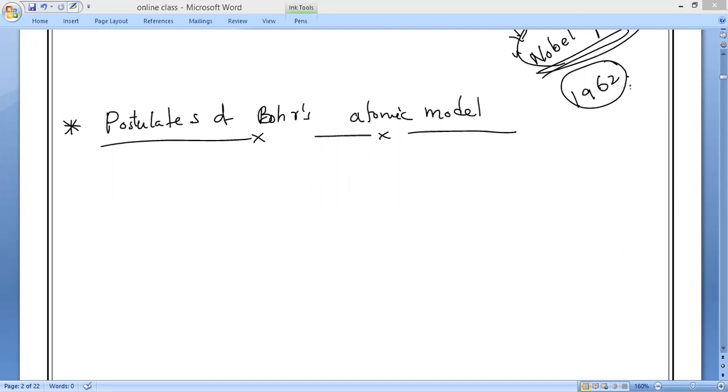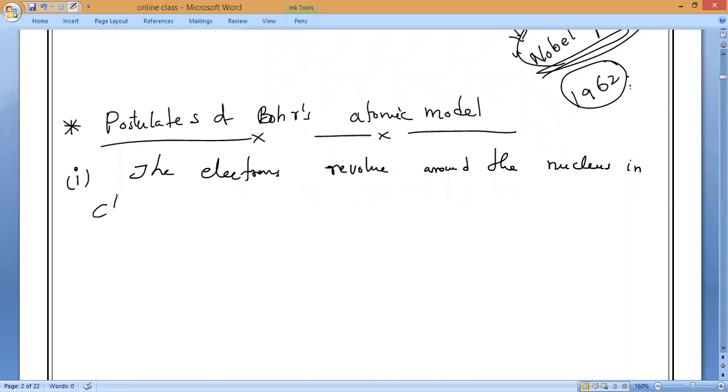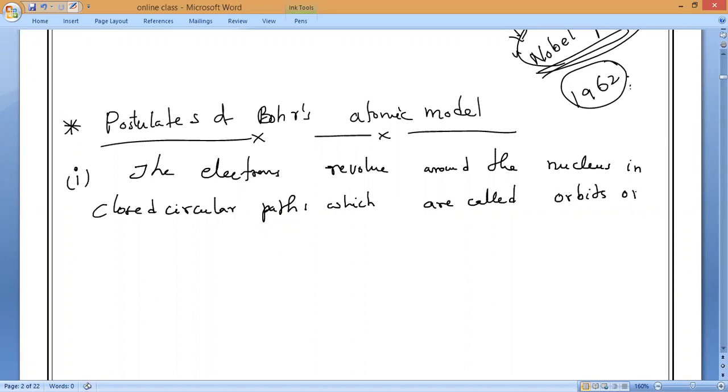First point: the electrons revolve around the nucleus in closed circular paths, which are called orbits, or shells, or energy levels. So please write it.